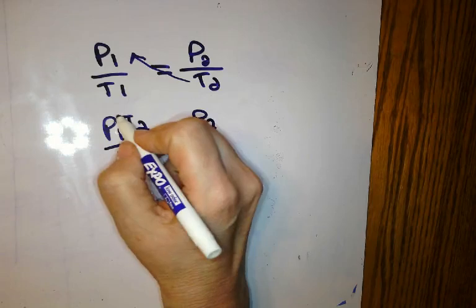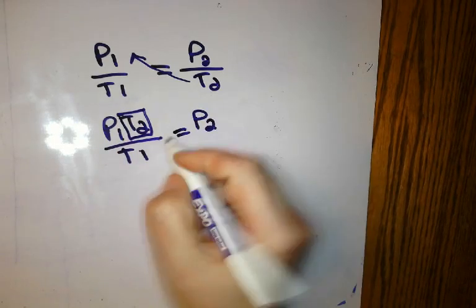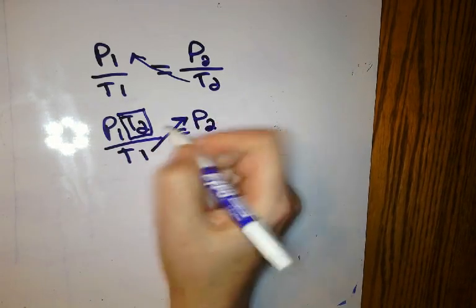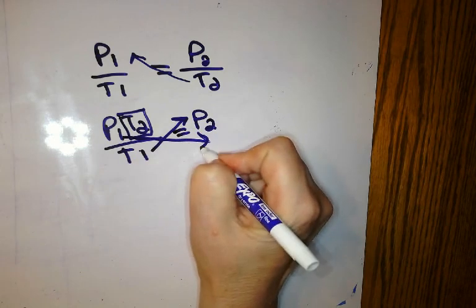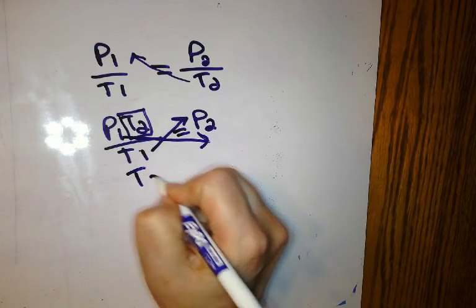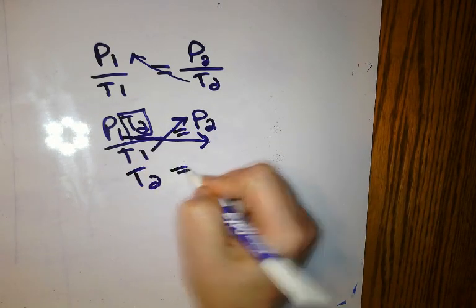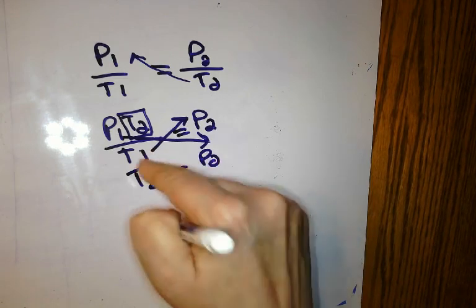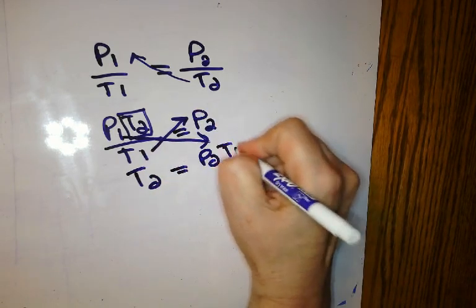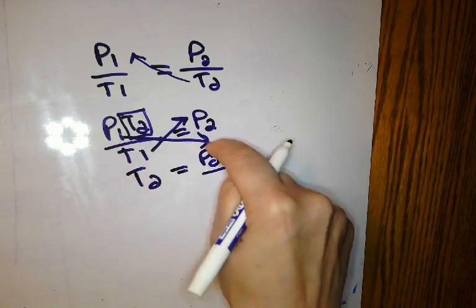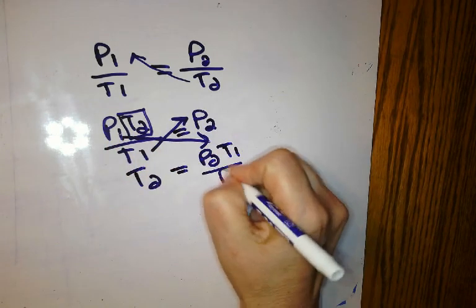But remember, we want this T2 alone. That means I can move this diagonal there, and I can move that diagonal there, and I will have T2 equals P2, here's my diagonal T1, and here's my diagonal down there, P1.